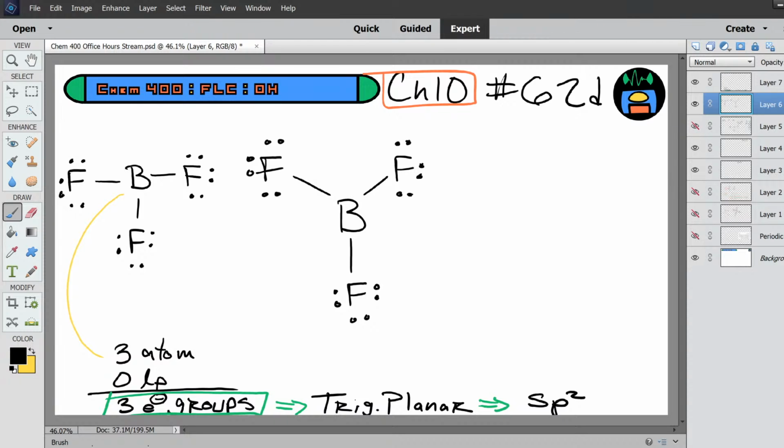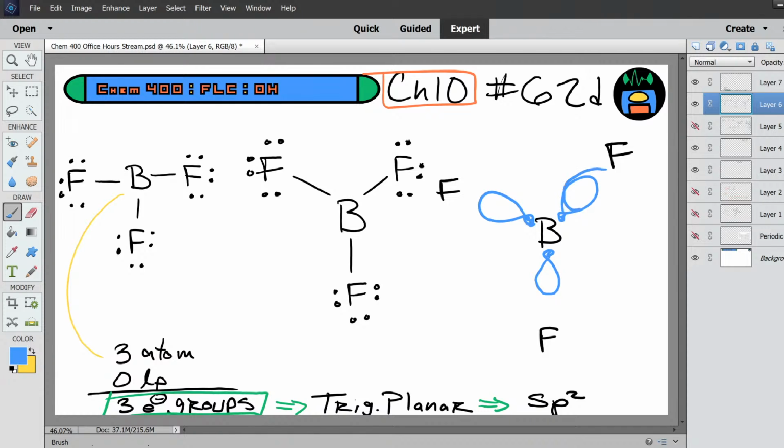This would be our three-dimensional representation of the molecule. But they want us to show the overlapping orbitals. All right, so to do that with boron, we've got 3 sp2 hybrid orbitals. Then we have fluorine coming in at each position.